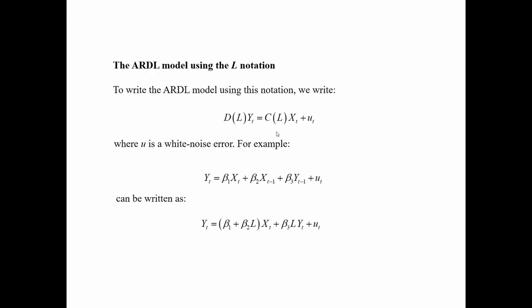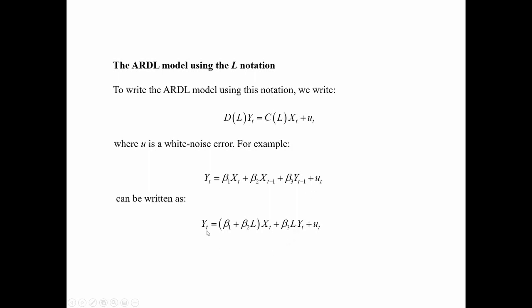Now, let's use the L notation, or the lag operator, to write the ARDL model. Using the lag operator, we can write the ARDL model as D(L) yt, a polynomial function in L multiplied by yt, equals C(L) xt, again a polynomial function in L multiplied by xt, plus ut, where ut we're assuming is a white noise error. For example, we can take the ARDL(1,1) model with one lag on y and one lag on x, where we've got yt equals beta 1 xt plus beta 2 xt minus 1 plus beta 3 yt minus 1 plus the error term ut.